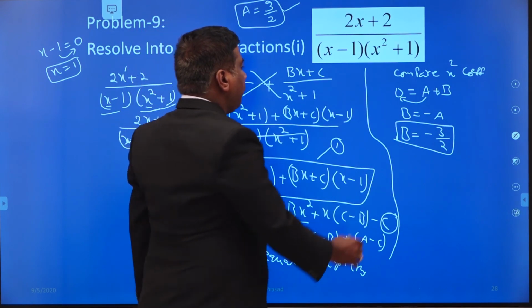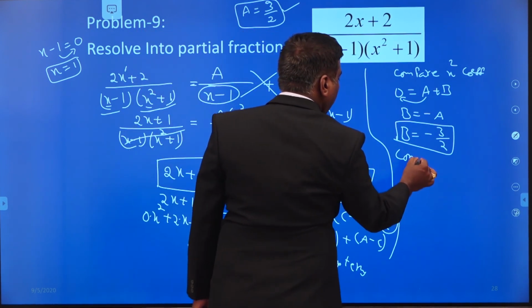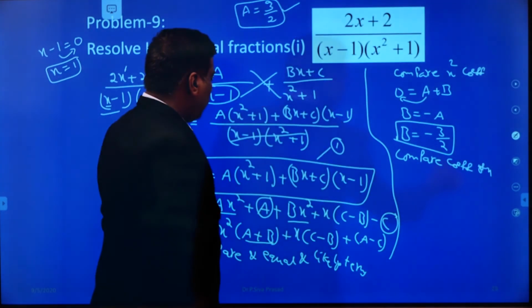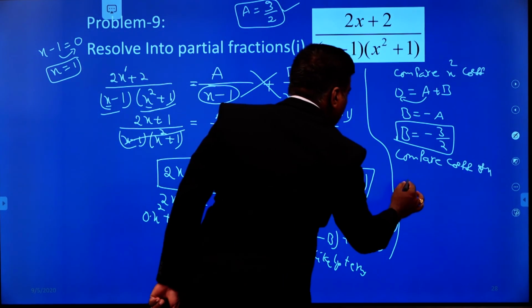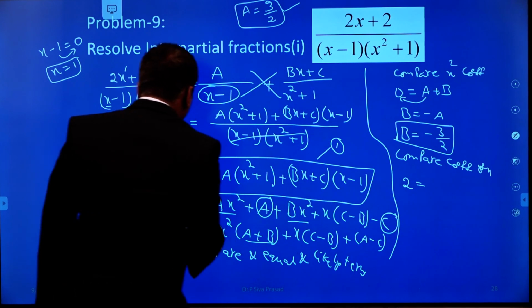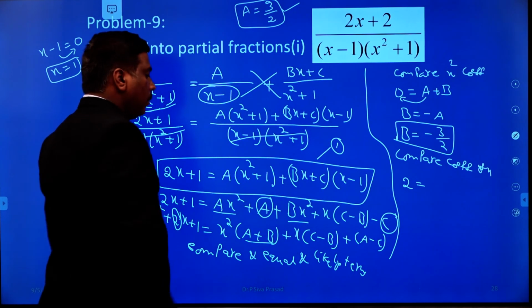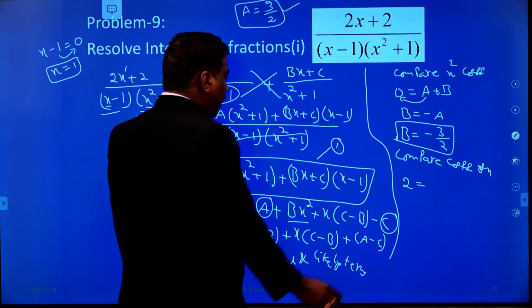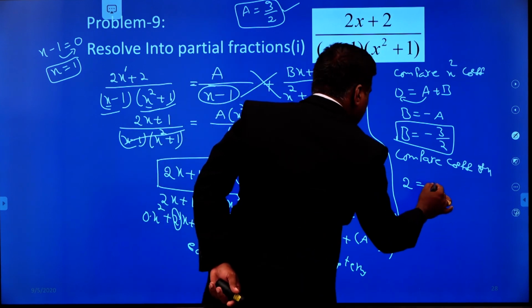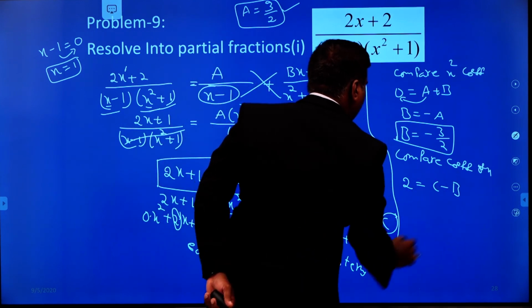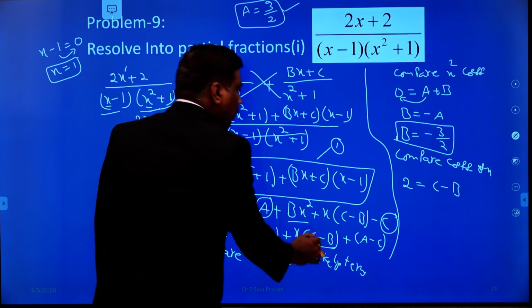In a similar way, compare the x coefficients. The left hand side value is 2, and on the right hand side, c minus b is the coefficient of the x term.